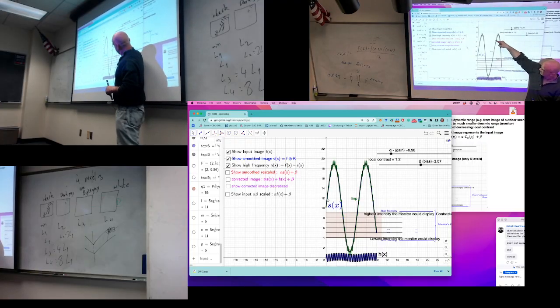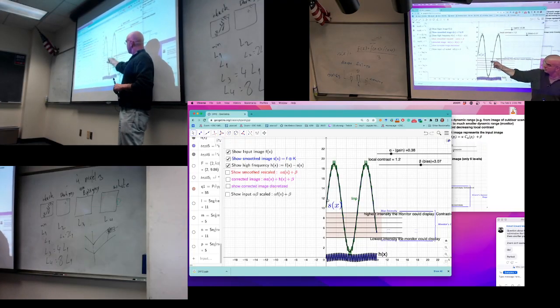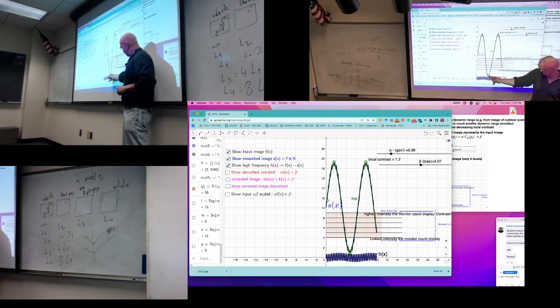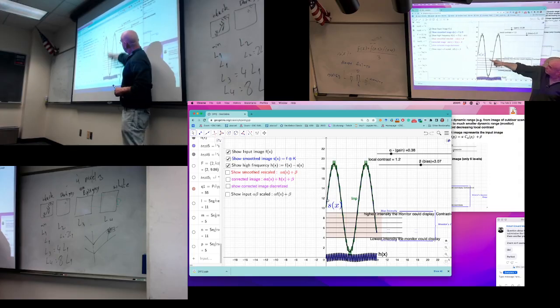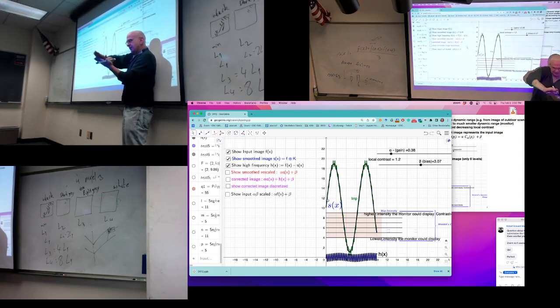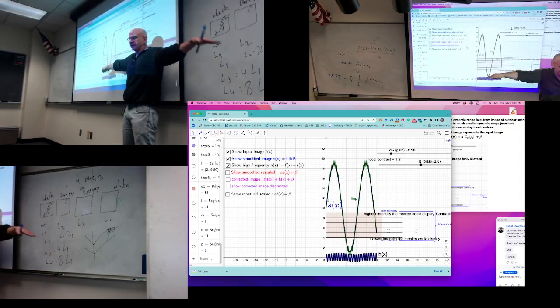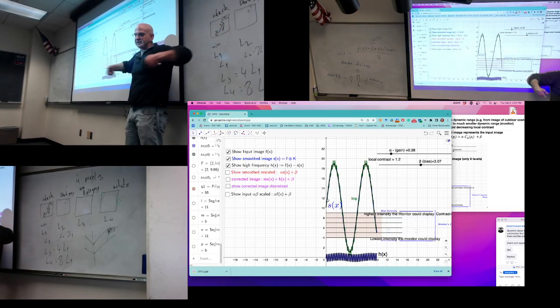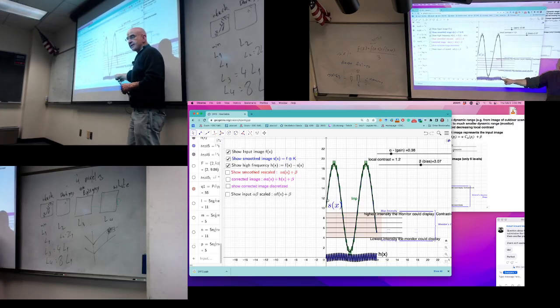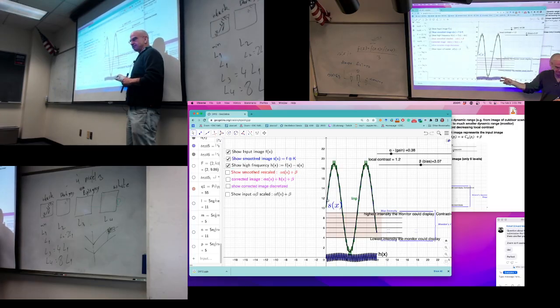s of x is a smoothed function that is just going all the way right here. This s of x doesn't have any bumps, any local minima and maxima, all the way from here to here. All of them have been compressed by the effect of their nearby pixels, by taking the average. h of x is changing very, very rapidly, but what is the amplitude? What is actually the dynamic range here, the gap between the maximum and the minimum? The contrast is very small.